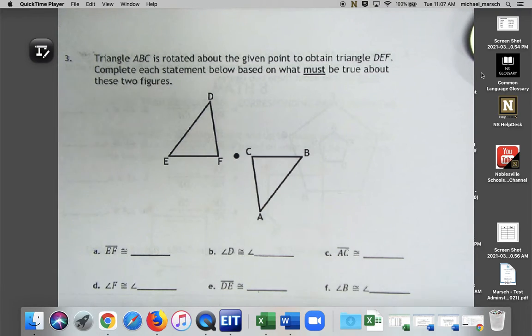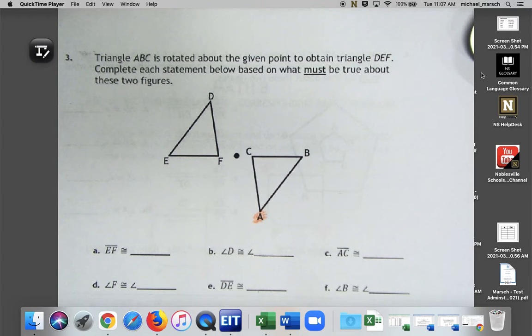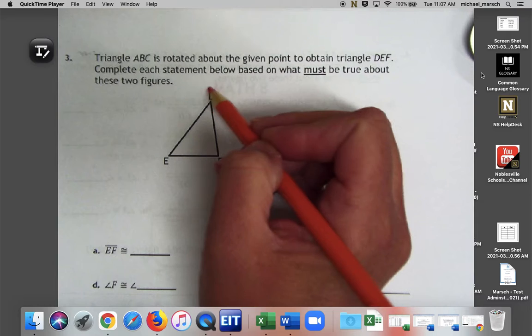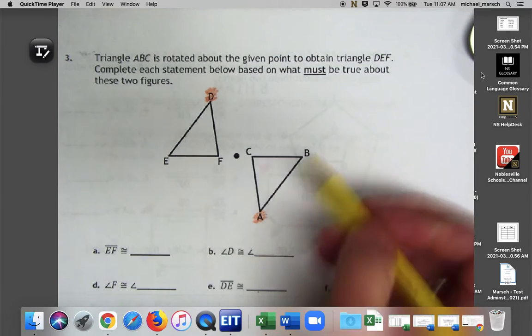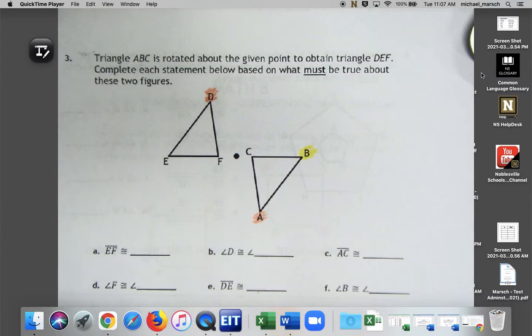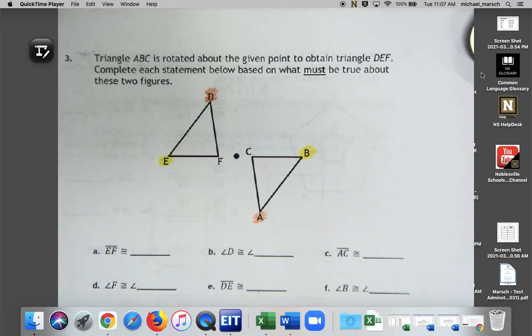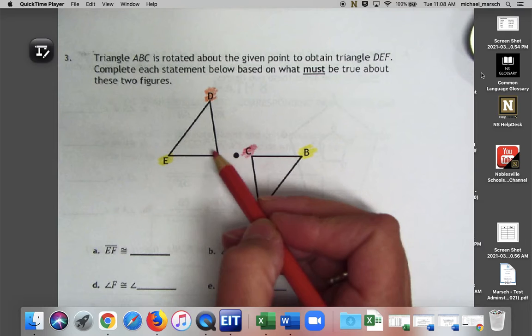So if A is orange, what else is going to be orange? D. If B is yellow, what else is yellow? E. And if C is red, what else is red? F.